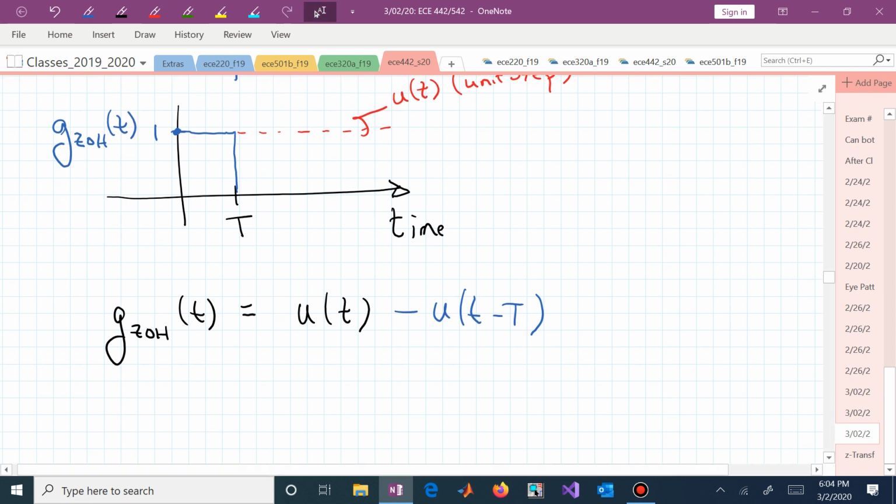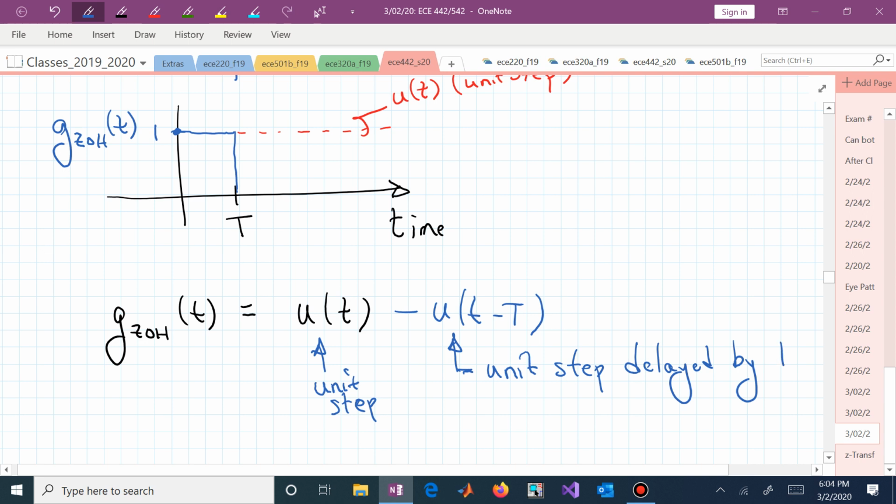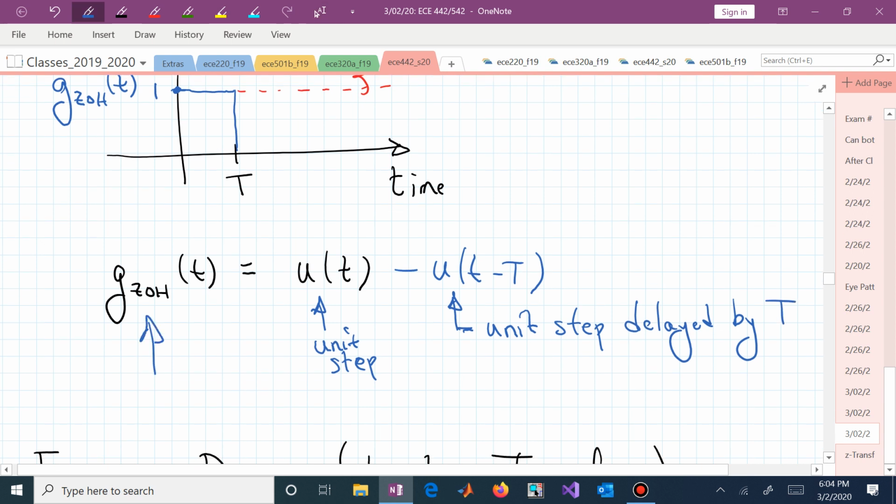Here is the unit step. This is the unit step delayed by one sample period. And this is really what I was after.